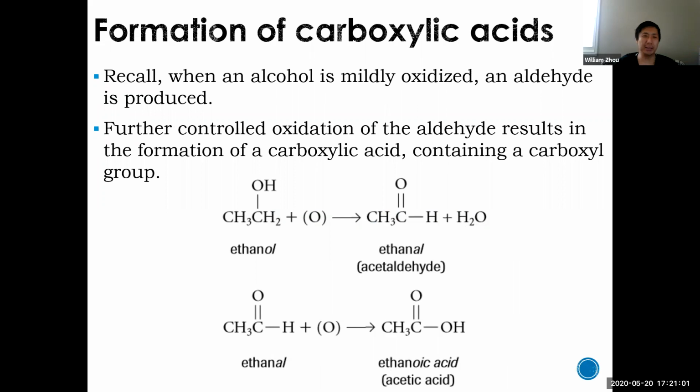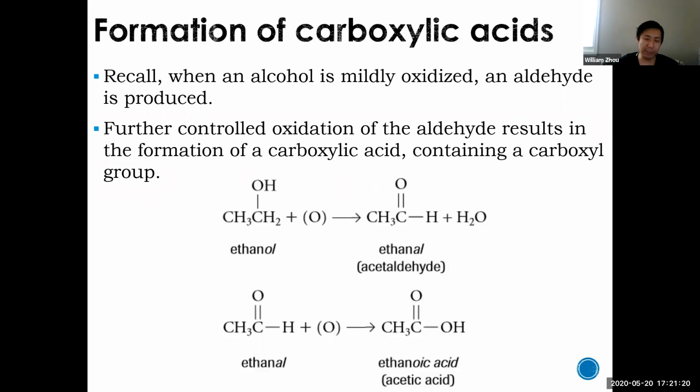How do you make carboxylic acids? Well, remember aldehydes from yesterday, the lesson we didn't have? I hope you watched the video. To make an aldehyde, you must oxidize an alcohol, specifically a primary alcohol.